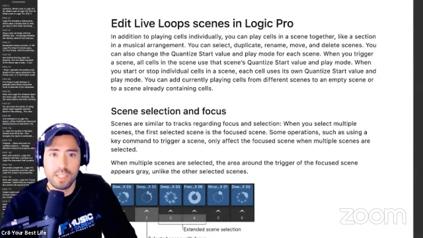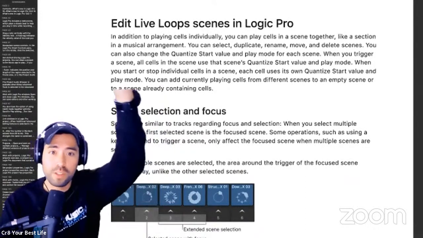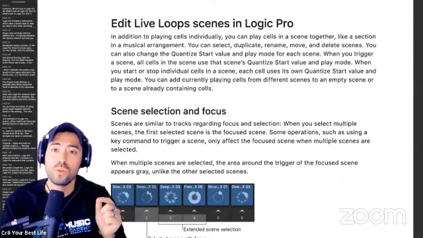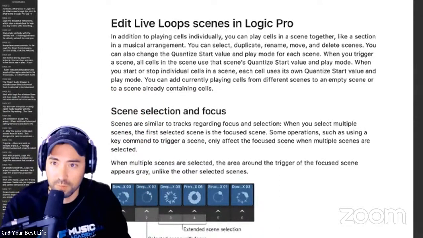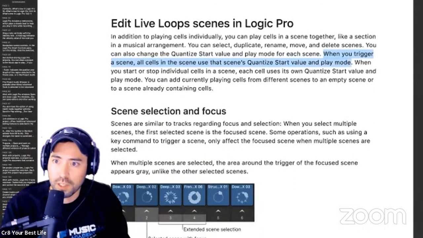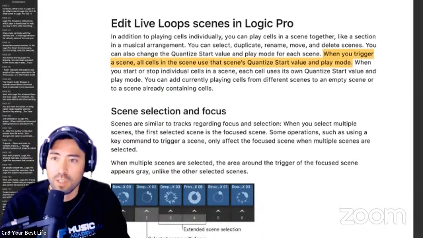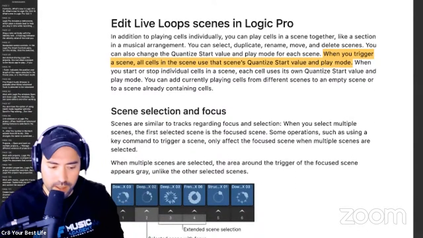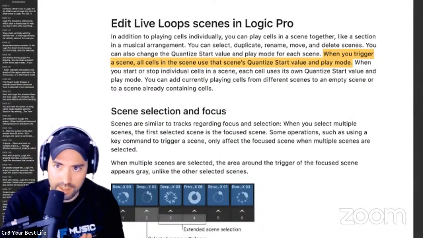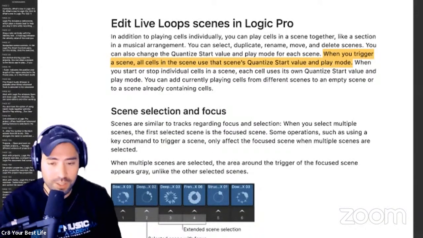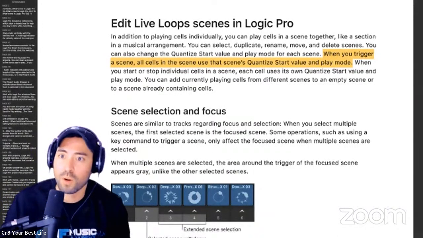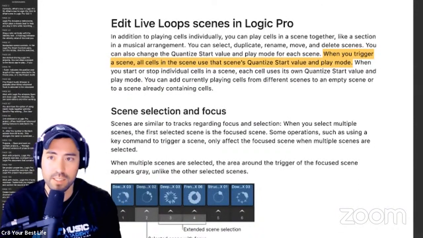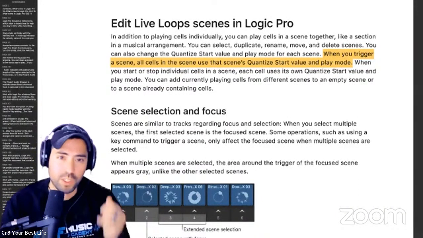When you trigger a scene, all the cells in the scene use the scene's Quantize Start value. All right, so we're always talking about language here on this channel. And when we're learning something as objective as Logic Pro, we're not talking about the art form, right? We're talking about just the science and the data. We want to make sure that we look at the language.